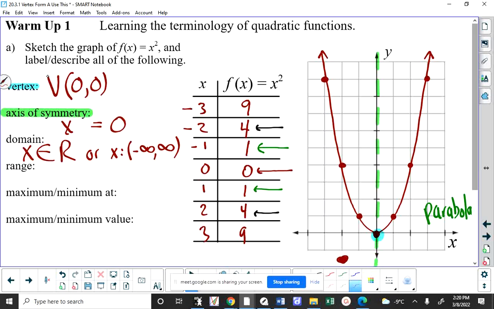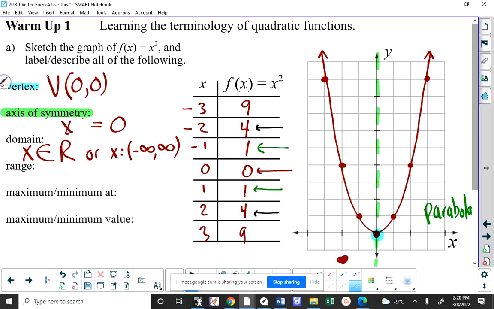And I don't know if you remember seeing that notation last year. You're going to see it more and more. This is not an x comma y thing. The round brackets mean it cannot equal negative infinity, and it cannot equal positive infinity. Okay, we'll get to another example of that in a bit.